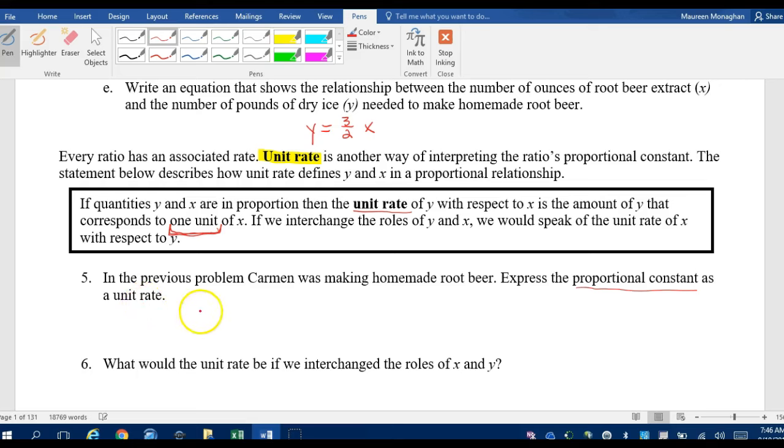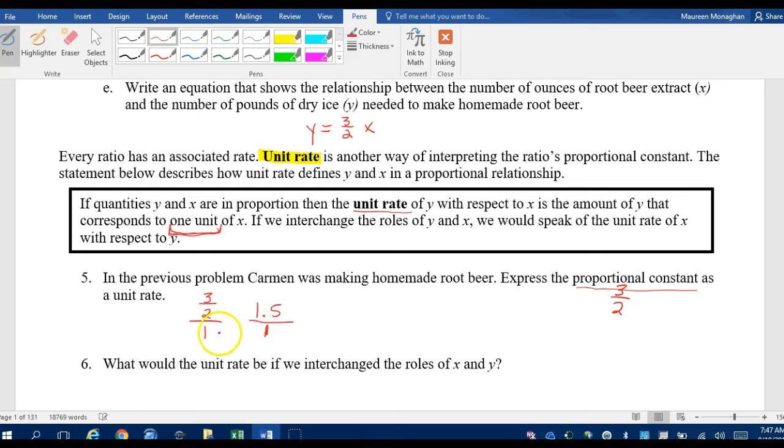Remember when the proportional constant was 3/2? But we want this to be a unit rate, so we would say it would be 3/2 to 1. Or you could say 1.5 pounds of dry ice to 1 ounce of root beer extract.